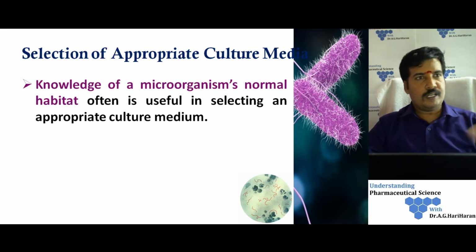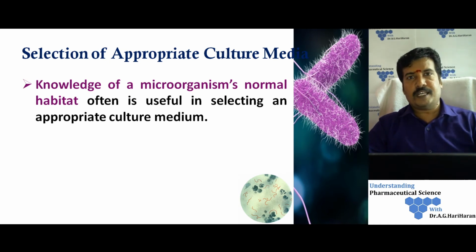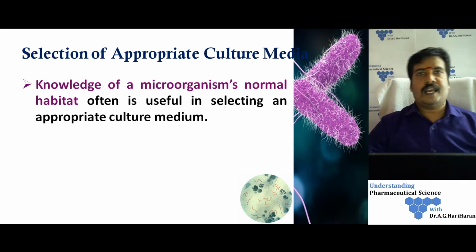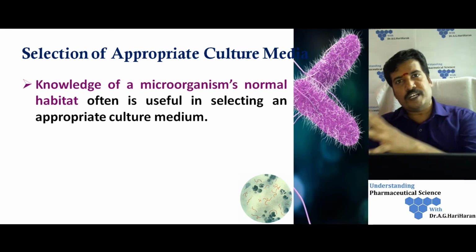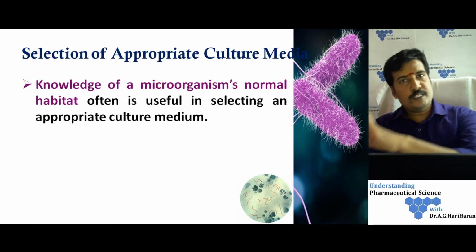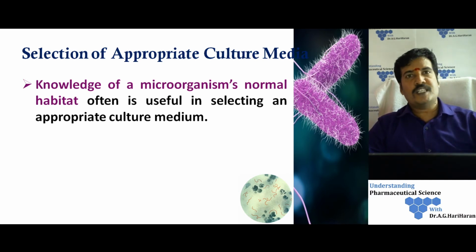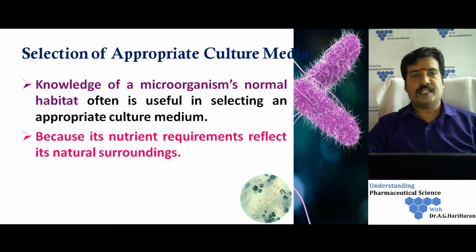Some grow in very cold places, like psychrophilic bacteria, which have a different chemical environment, and some bacteria can grow in very hot springs, like Thermus aquaticus, which can grow at a temperature of more than 80 degrees Celsius, like a thermophile, and its nutrient composition will be different. So to select or to design an appropriate culture medium, we need knowledge about its natural habitat. Based on this natural habitat, we can design or select an appropriate culture medium.